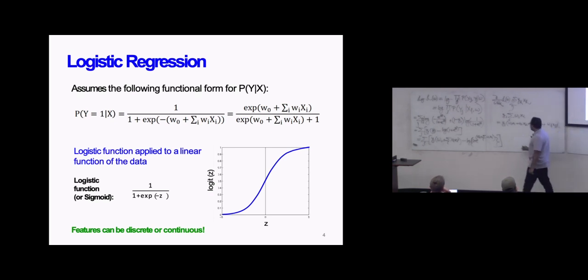Now if you take a derivative of this term with respect to, let's say, w2, what is the derivative of this term with respect to w2? 0. This one? Just x2. This term? 0. Everything else? 0.